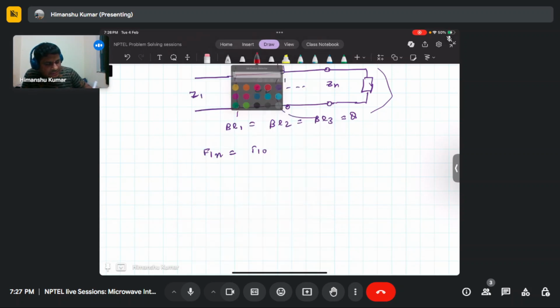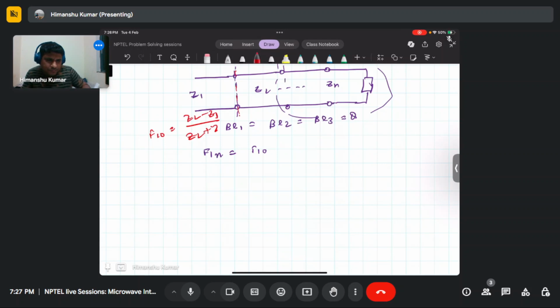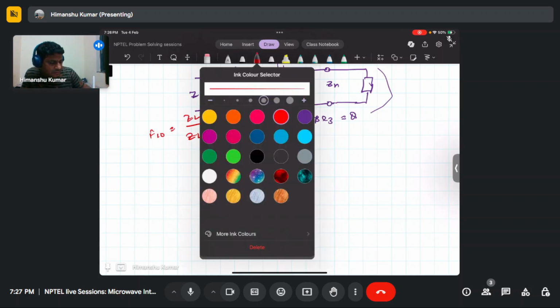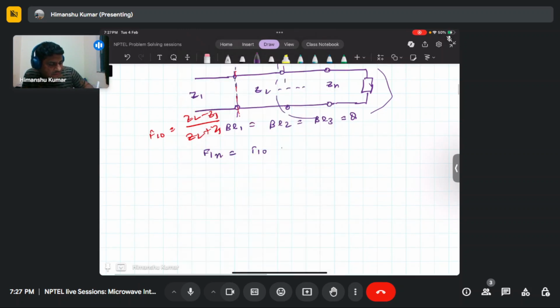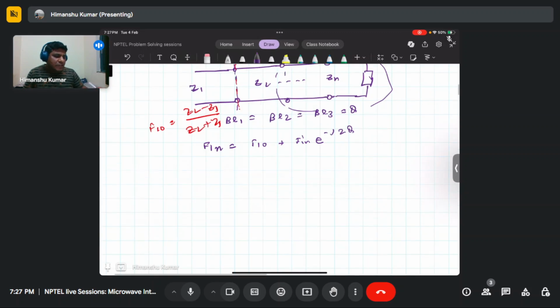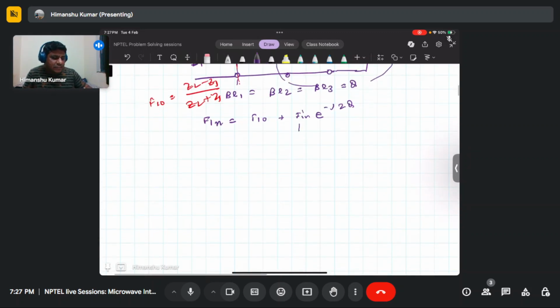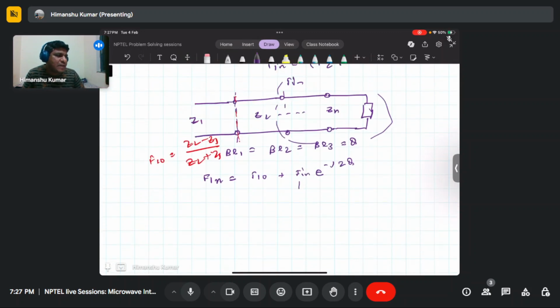At this boundary, gamma 1 0 is basically equal to z2 minus z1 divided by z2 plus z1. Then you can write this expression as plus gamma in times exponential of minus j times 2 theta.